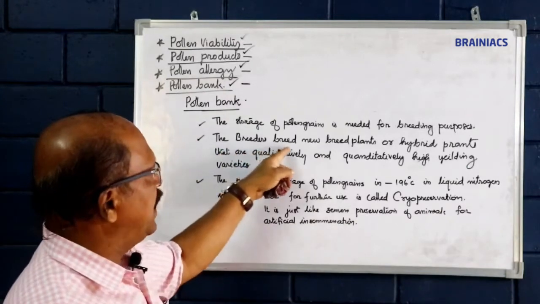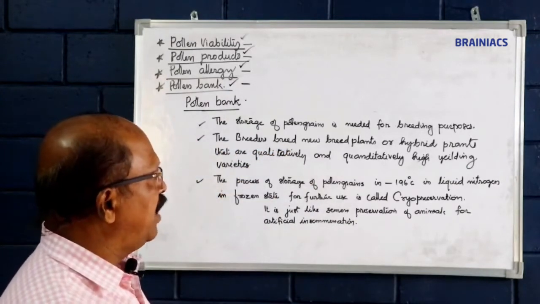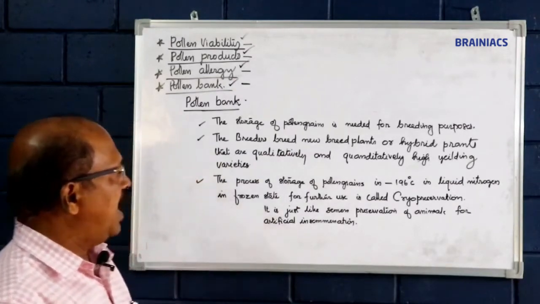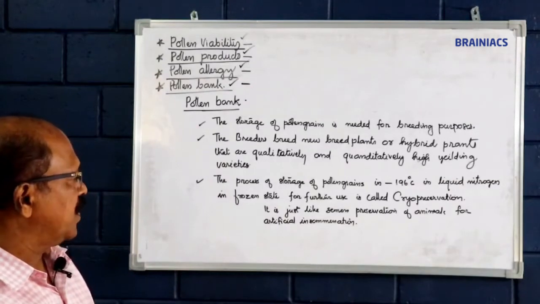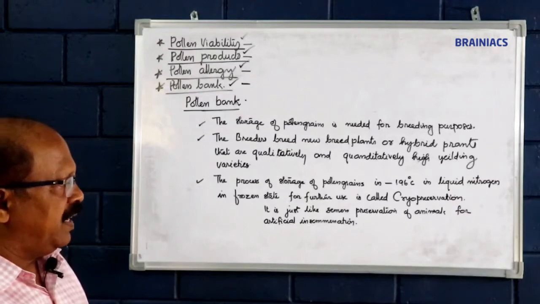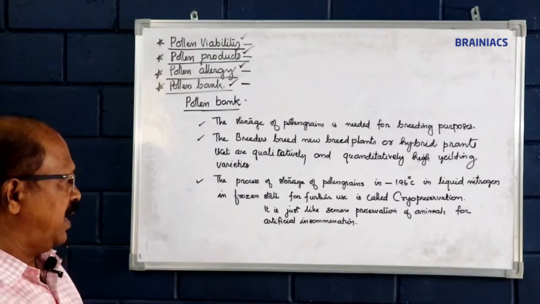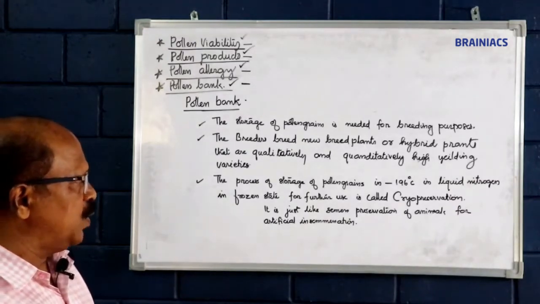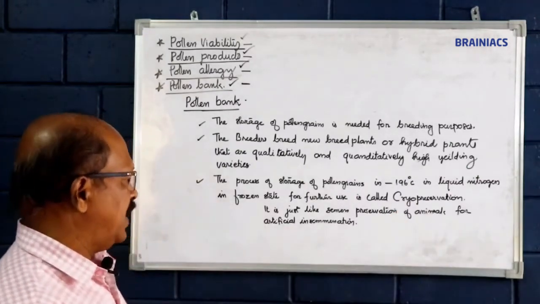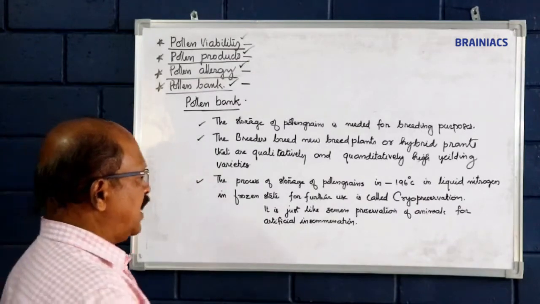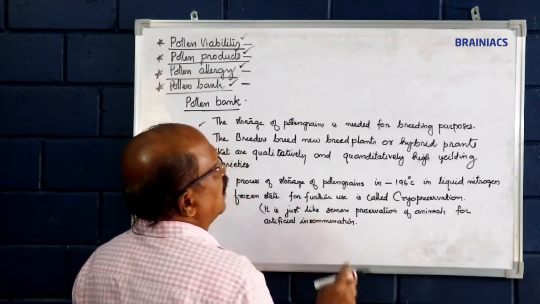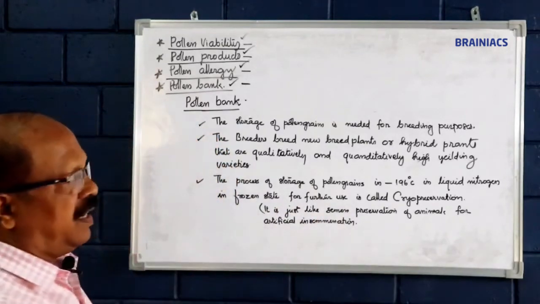The breeders breed new plants or hybrid plants that are qualitatively and quantitatively high yielding varieties. The process of storage of pollen grains at minus 196 degrees centigrade in liquid nitrogen in a frozen state for further use is called cryopreservation. It is just like the semen preservation of animals for artificial insemination.